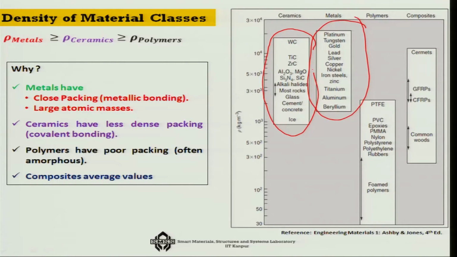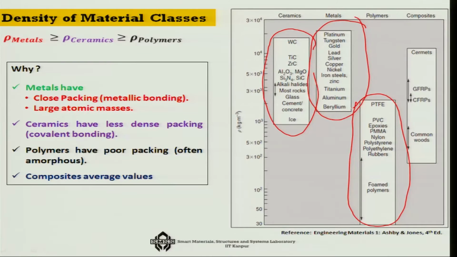But if you look at the polymers, they really have very low density, because they have amorphous structure. Since they have amorphous structure, they have very poor packing, and no wonder that even though they consist of some very similar atoms, they have a very low density.